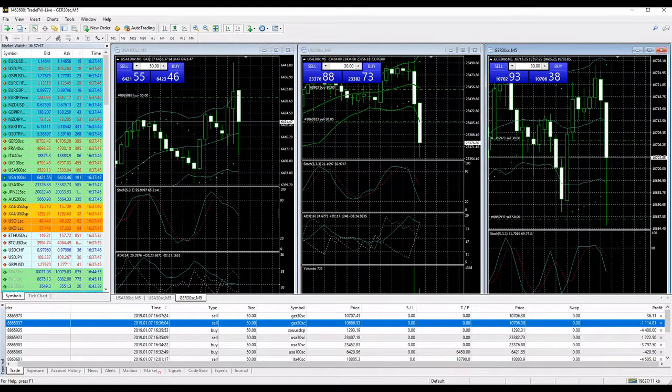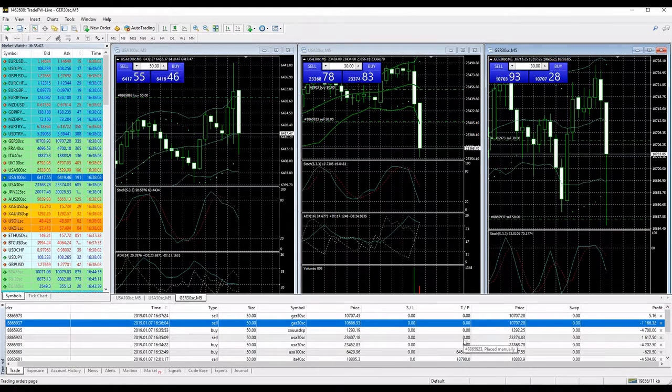So, guys, I have two DAX positions short. I have one gold position long, one USA 30 position short. I'm making $1,500.